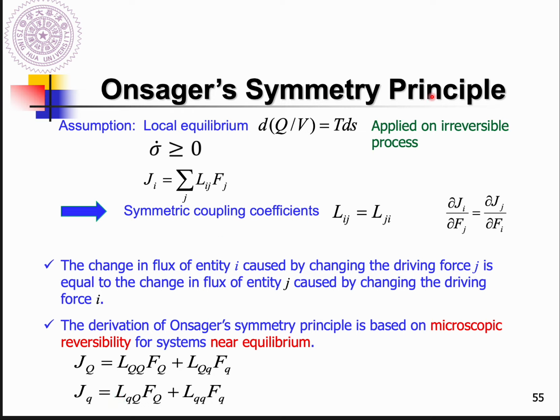By using the Onsager symmetry principle, this term will equal this term. So now you only have 3 unknown coefficients. This is the reason we want to emphasize this principle. It will help us decrease the number of unknown coefficients.